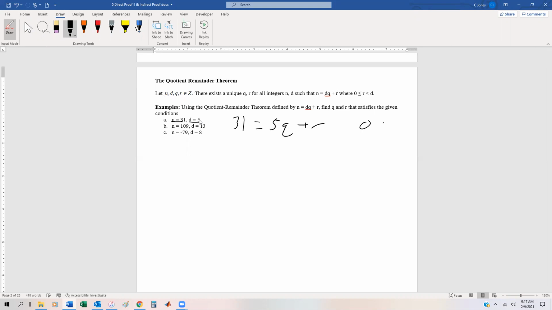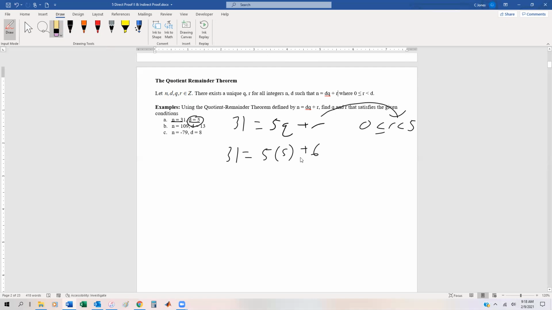And we have to write it such that r is between 0 and 5, since we define d to be 5 here. And we know that 31 could certainly be written as 5 times 5 plus 6. But that doesn't make sense according to the quotient remainder theorem, because 6 clearly does not fall within that compound inequality.